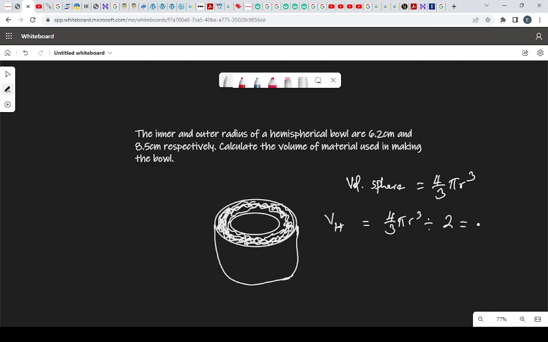And that will give us 4/3 pi r cubed times 1/2. I'm dividing by 2, so the sign of division has to change to multiplication, and then multiply by the reciprocal of the fraction. 1/2 is the reciprocal of 2/1. So by the time I multiply these numbers, 3 and 2, I'll have 4/6 pi r cubed.